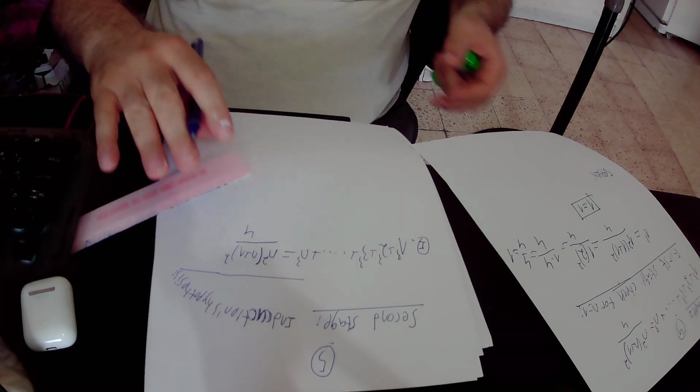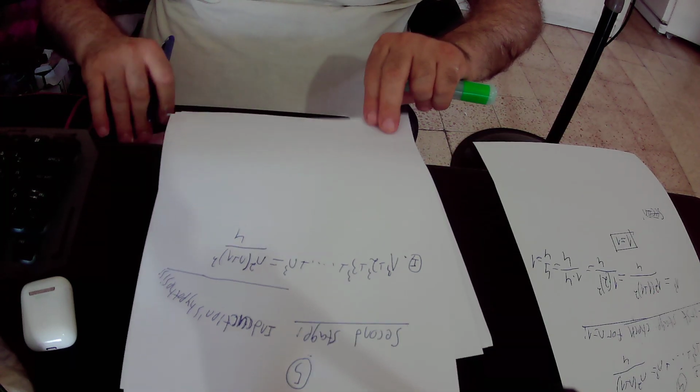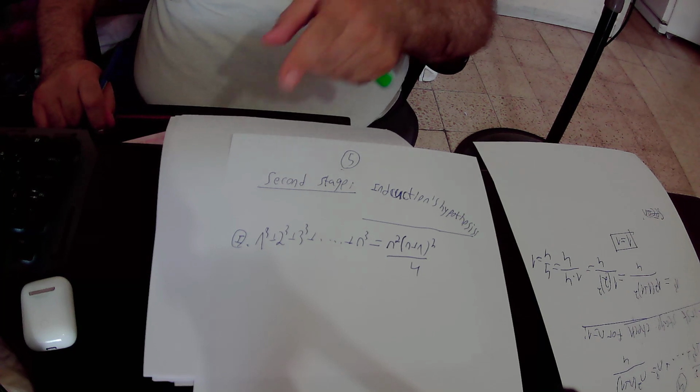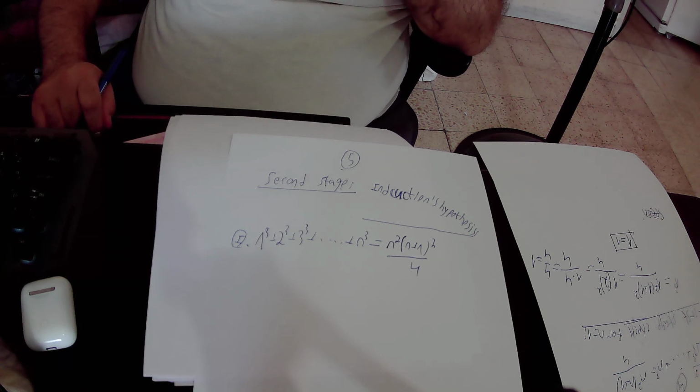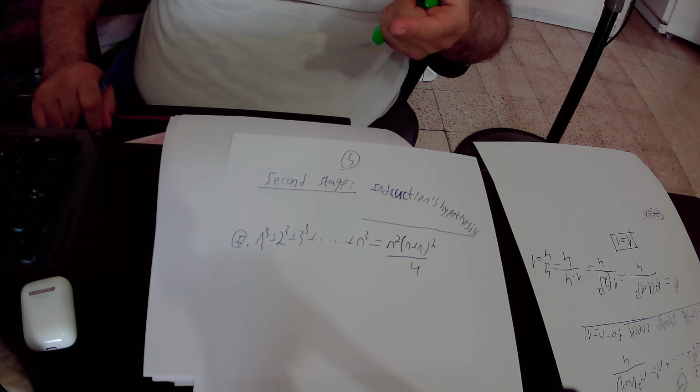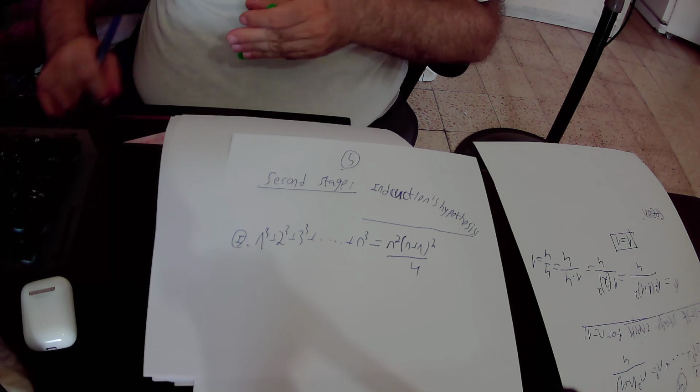So the induction hypothesis will be the first equation, 1 to the power of 3 plus 2 to the power of 3 plus 3 to the power of 3 plus n to the power of 3 will equal n squared times n plus 1 squared all divided by 4.